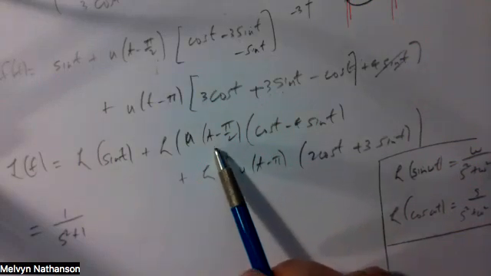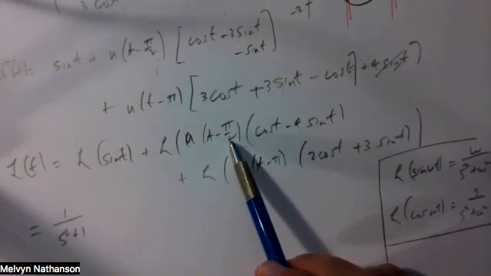The Laplace transform of u of t minus pi over 2.